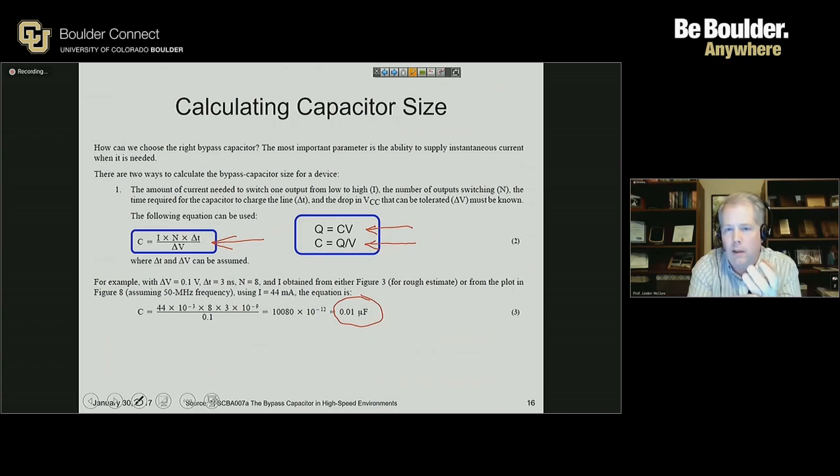If the choice of a larger capacitor means that you have to go to a larger package size to get that amount of capacitance, you now have a red flag or a yellow flag that warns you, hey, wait a second, I need to think carefully about this decision because I'm introducing something that probably has a larger inductance than what I could have gotten away with a smaller capacitor.